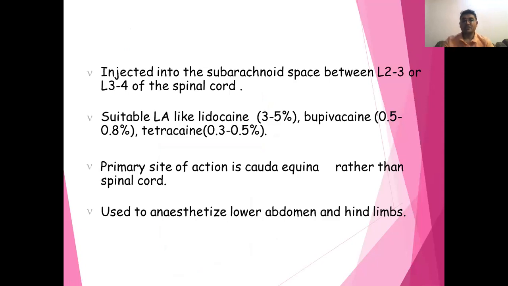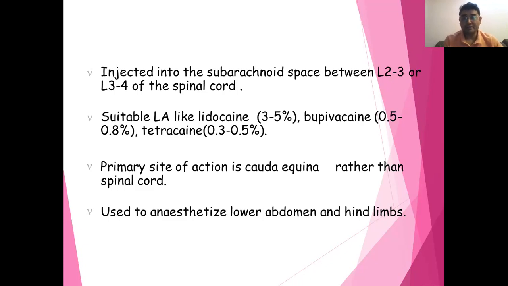So it is injected into the subarachnoid space between L2, L3, or L3, L4 of the spinal cord. Suitable local anesthetics like lidocaine 3 to 5%, bupivacaine 0.5 to 0.8%, tetracaine 0.3 and 0.5% are used for this purpose.